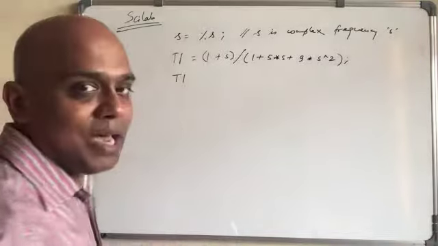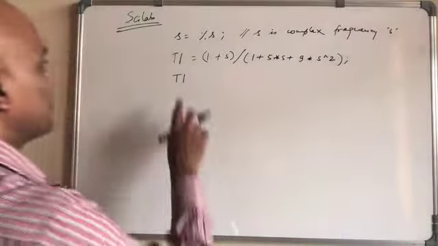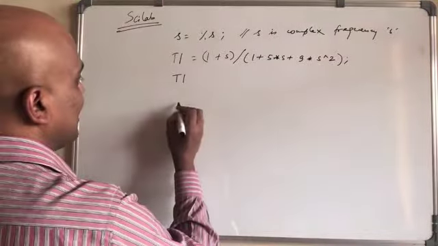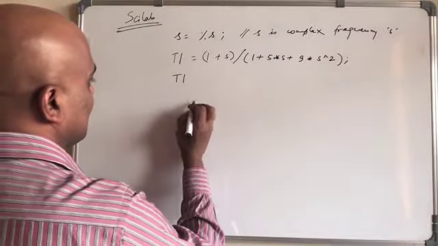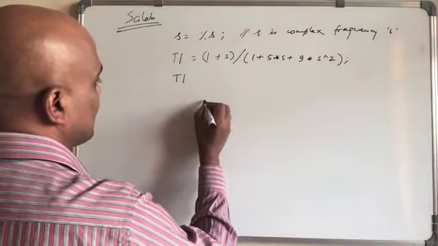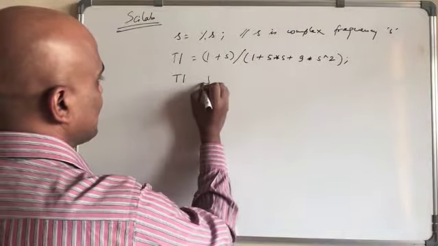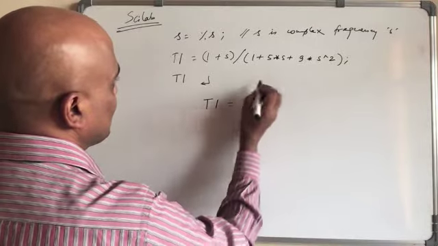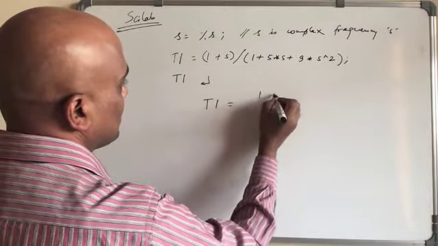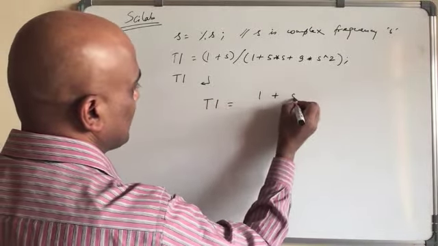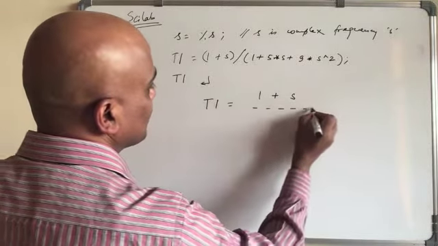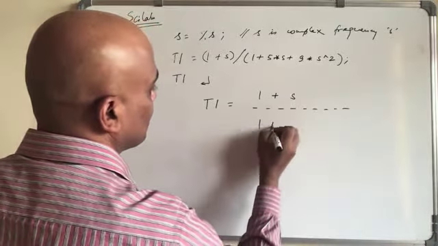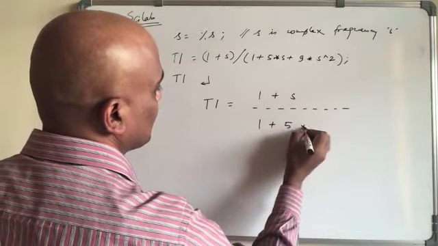If you have t1 and enter, then what will you get? You get the answer here. So it will give you the answer: t1 equals, it will give it like this, 1 plus s, and then 1 plus 5.